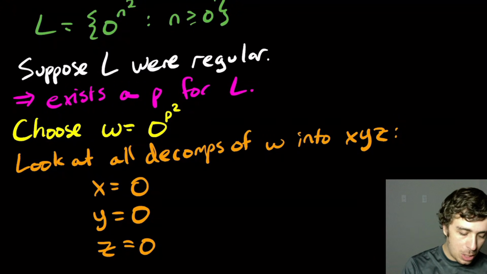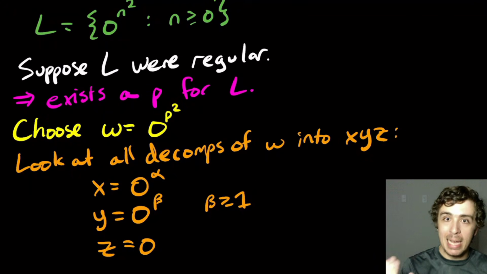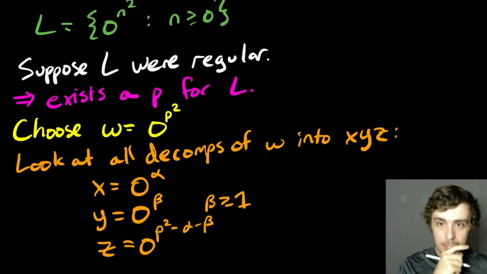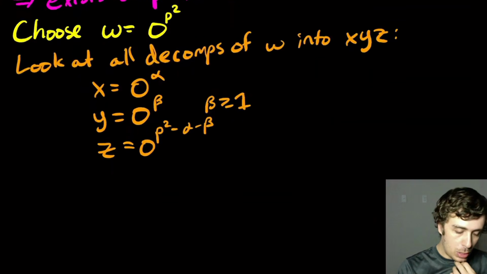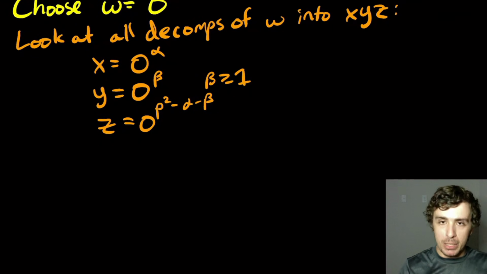Let's call the x part alpha, number of zeros, y is beta, number of zeros, where we know beta is at least 1 because y has to be non-empty. And then the z part is p squared minus alpha minus beta. Okay, so let's think. Well, here what I'm going to do is pick a particular choice of I.